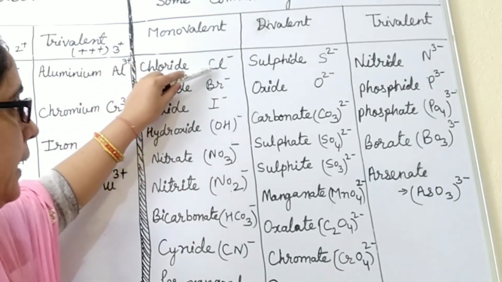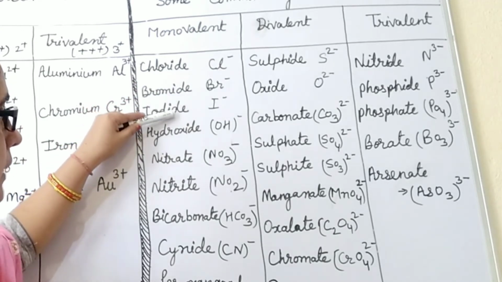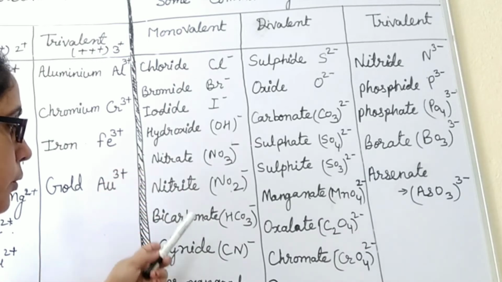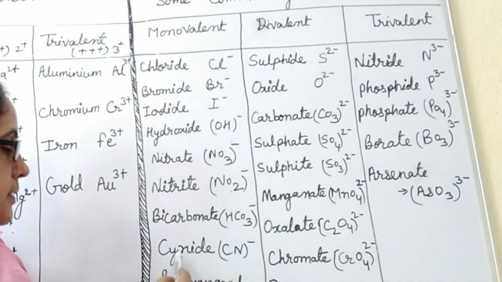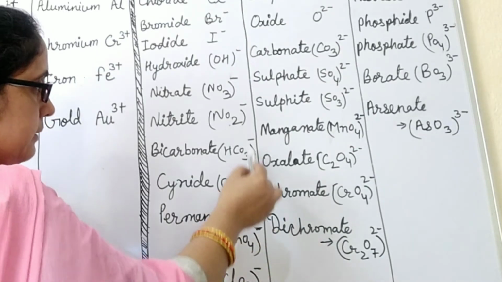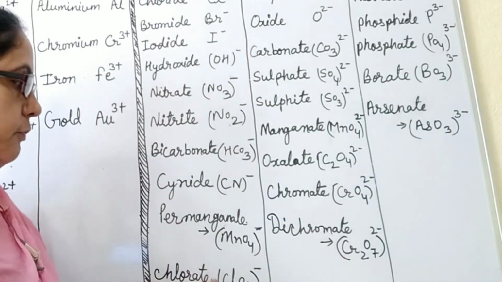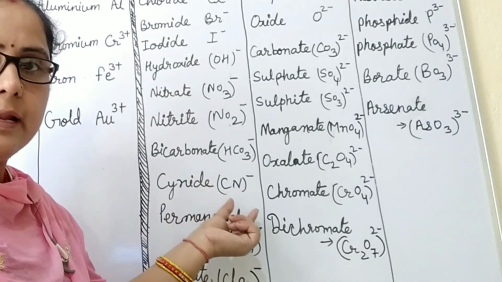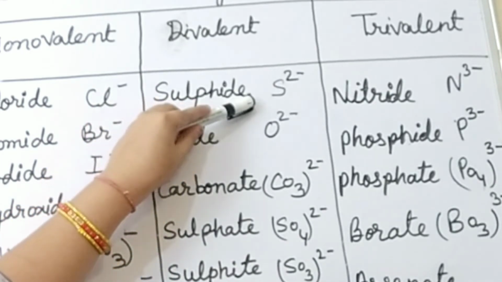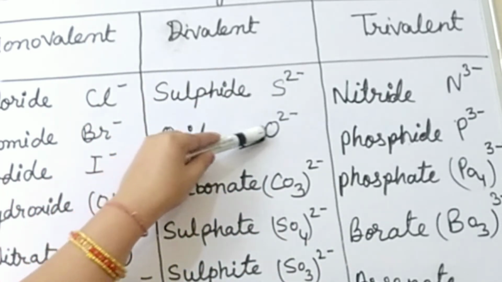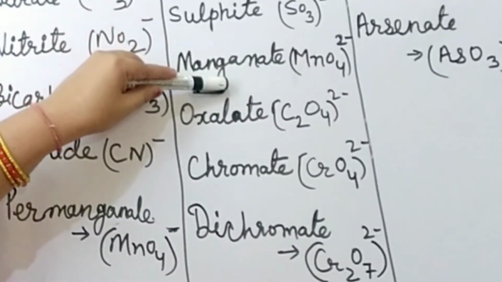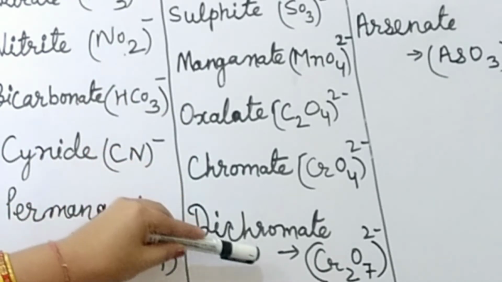They are chloride ion, bromide, iodide, hydroxide, nitride, nitrate, bicarbonate, bisulfate, cyanide, permanganate and chlorate. They all contain 1 negative charge and these are the formulas of monovalent anions. Similarly, divalent anions are sulfide S2-, oxide O2-, carbonate, sulfate, sulfite, manganate, oxalate, chromate, dichromate.